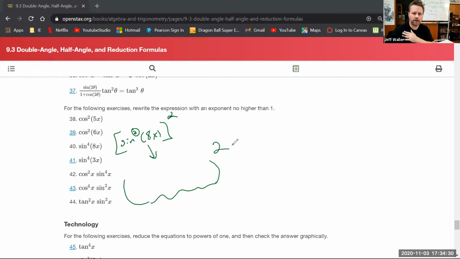And when you square it, you're going to get some other things that have squared powers. So you have to use the power reducing again. So it's a semi-long problem, but it really shouldn't be a difficult problem.